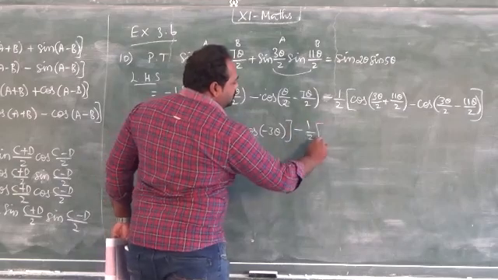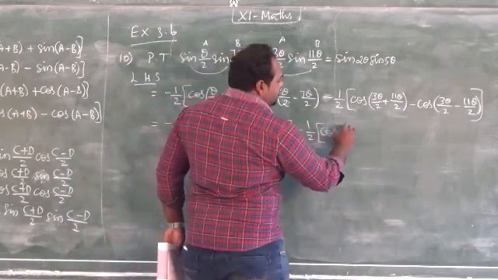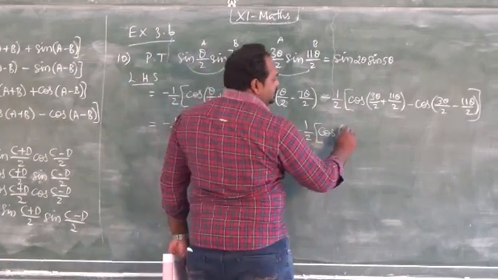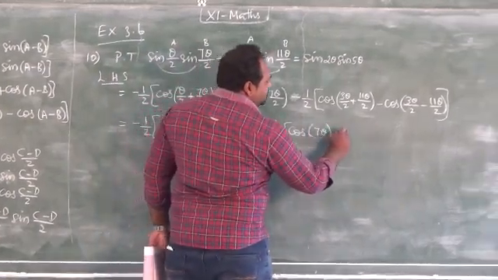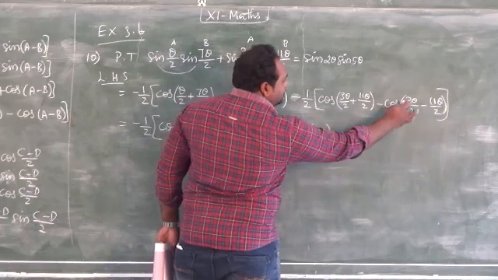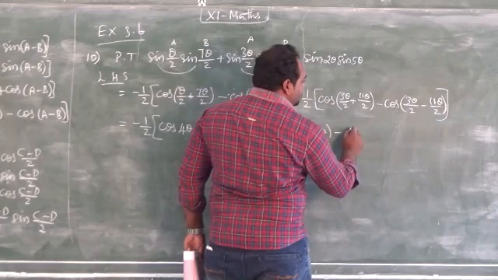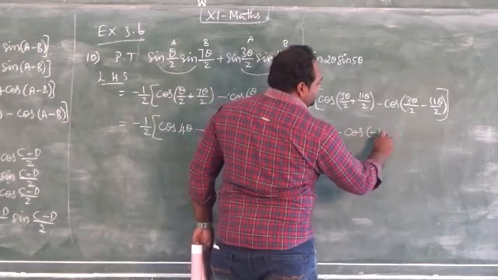Minus 1 by 2 cos 3 theta plus 11 theta, 14 theta by 2 is 7 theta, minus 3 theta minus 11 theta is minus 8 theta by 2, cos of minus 4 theta.